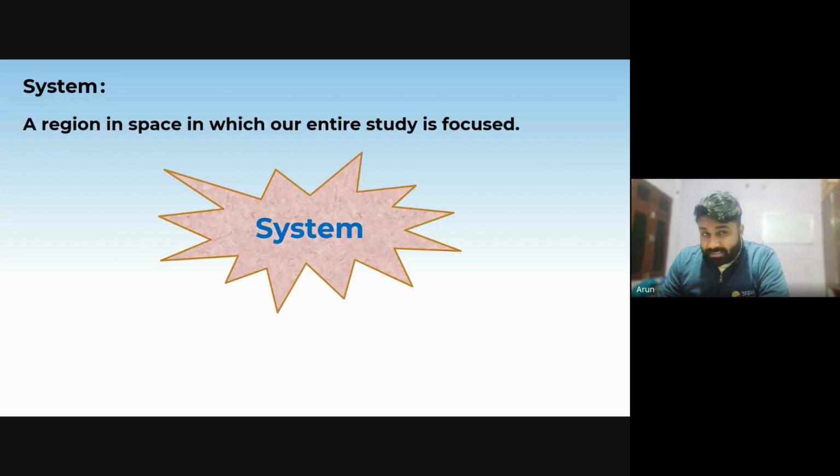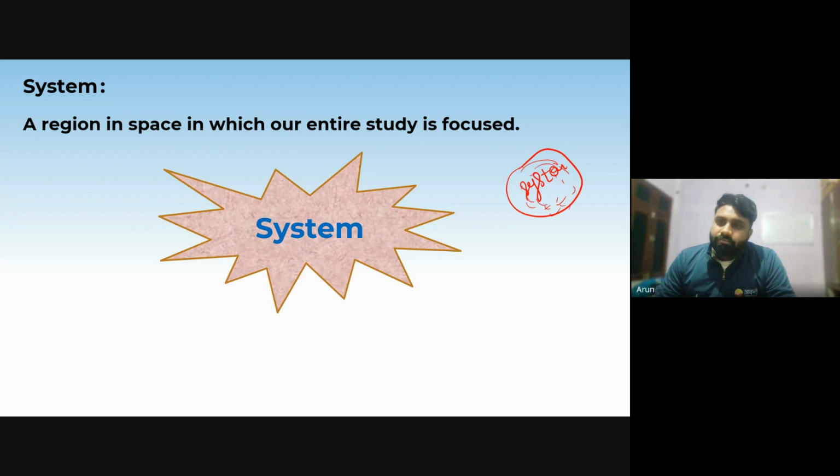What the definition says: a region in space on which our entire study is focused. Suppose this is, let's say, the system. We are only restricted to this part, which is inside of it. That is our field of study, which is termed as system.